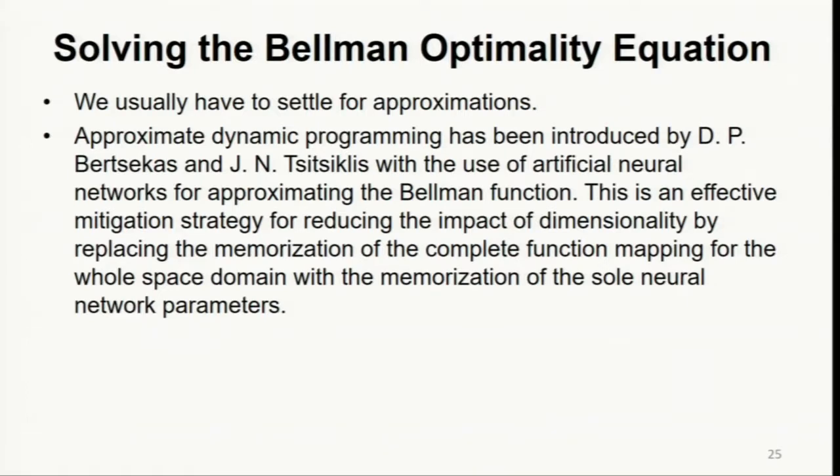This is an effective mitigation strategy for reducing the impact of dimensionality, by replacing the memorization of the complete function mapping. You see, this is a function mapping. You have S, I give you a value, and you replace it with a neural network. If I give you S and action, you use a neural network to tell me the action value. It doesn't matter whether you use a multi-layer perceptron, a deep learning network, or a convolutional neural network.